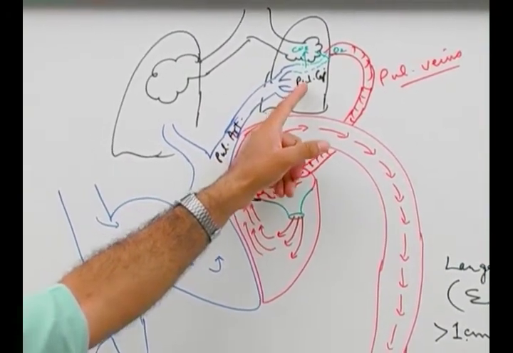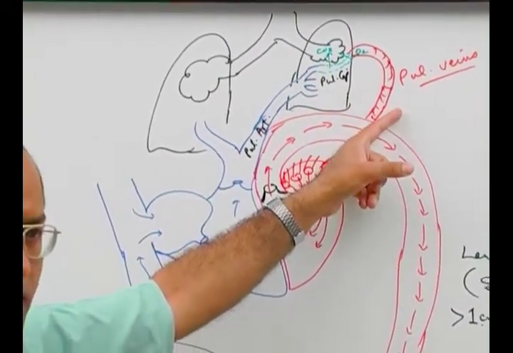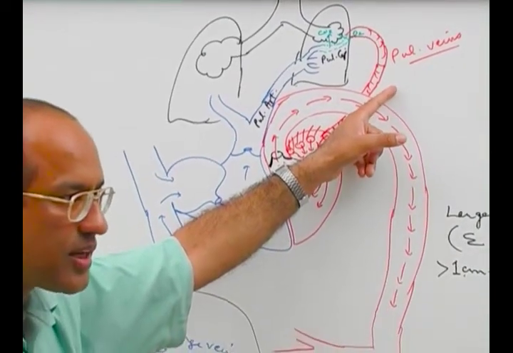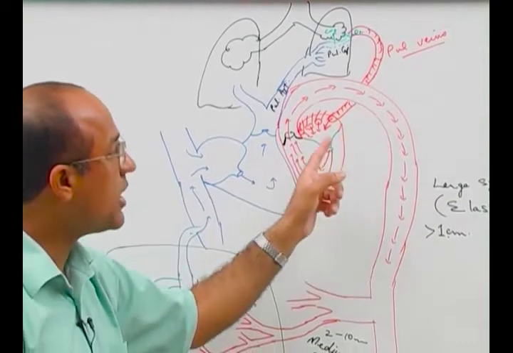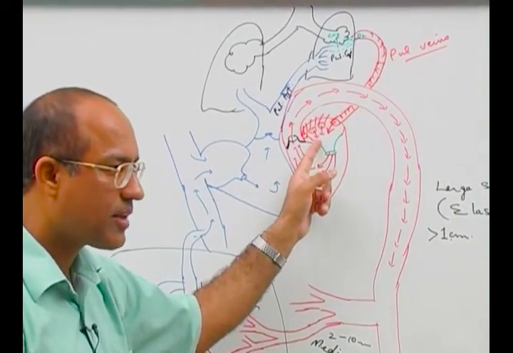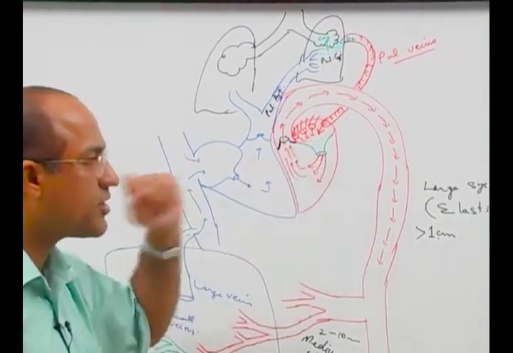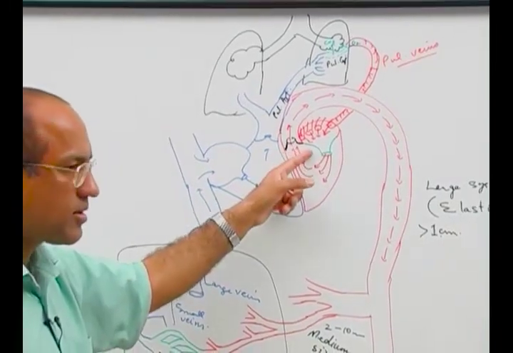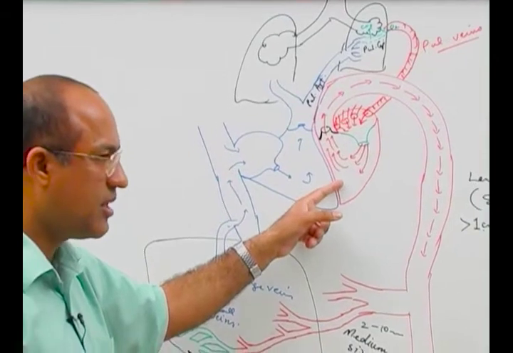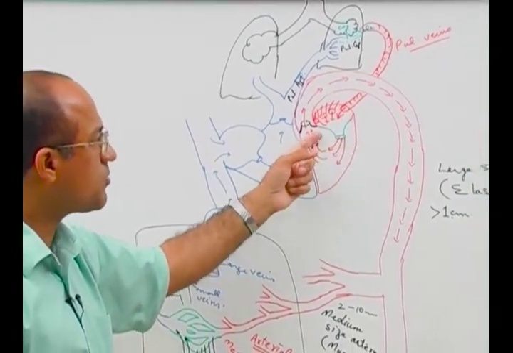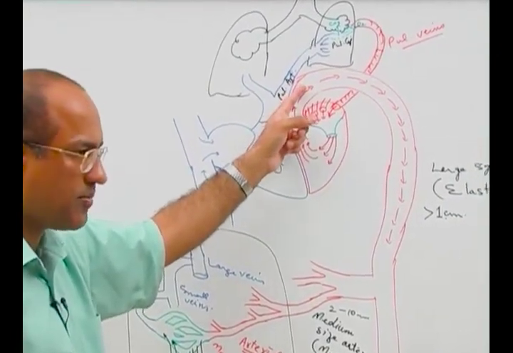Then oxygenated blood goes to the pulmonary veins, right? And the pulmonary veins take the oxygenated blood from the lungs to the left heart, into the left atrium. Blood from the left atrium passes through the, what is this? Mitral valve to the left ventricle, and from the left ventricle, blood is pumped through the aortic valve into the aorta.